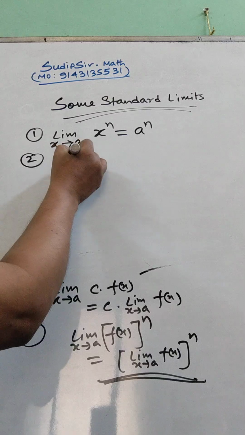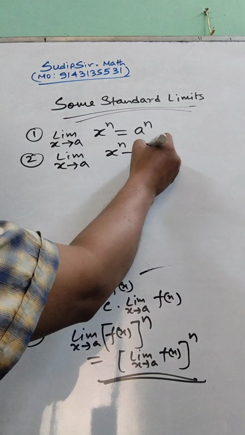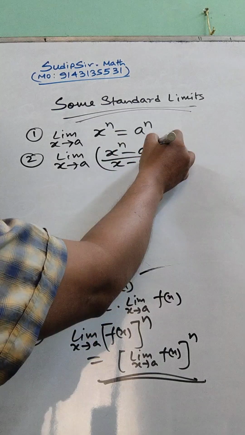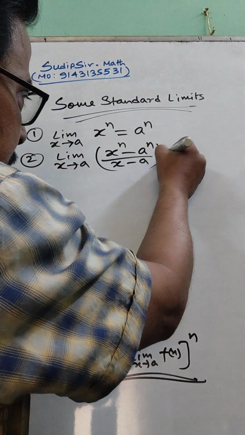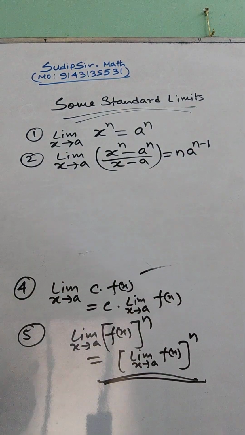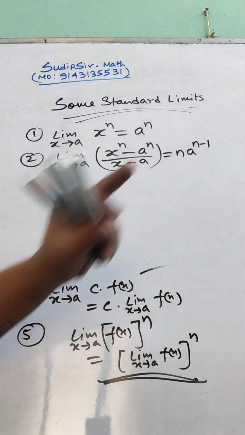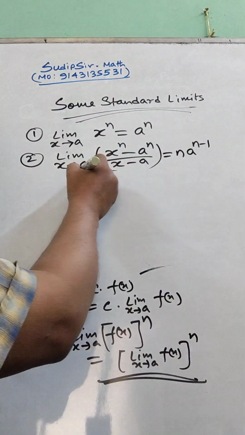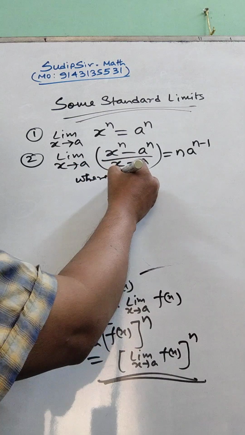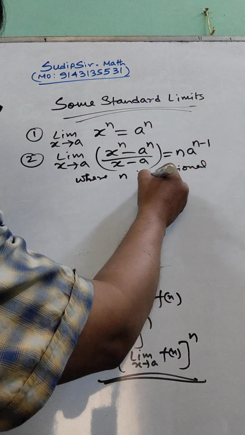Number 2: the limit as x tends to a of (x to the power n minus a to the power n) by (x minus a) will be n into a to the power n minus 1, where n is a rational number.